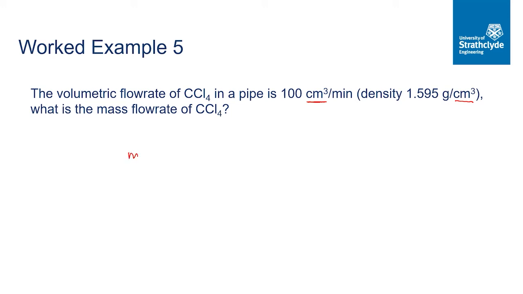So our mass flow rate is given by our volumetric flow rate multiplied by our density. Our volumetric flow rate is, of course, 100 centimeters cubed per minute. Our density is 1.595 grams per centimeter cubed.